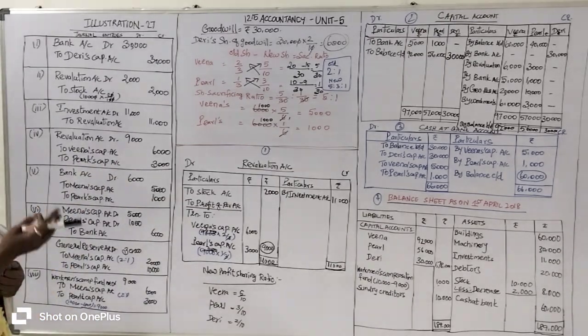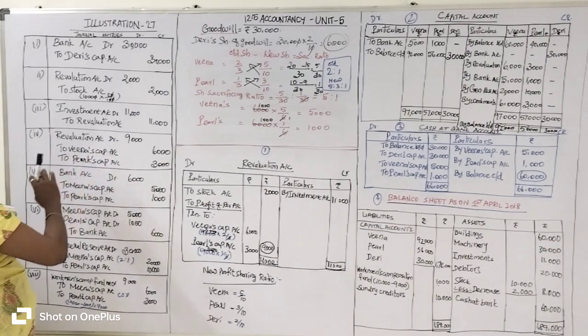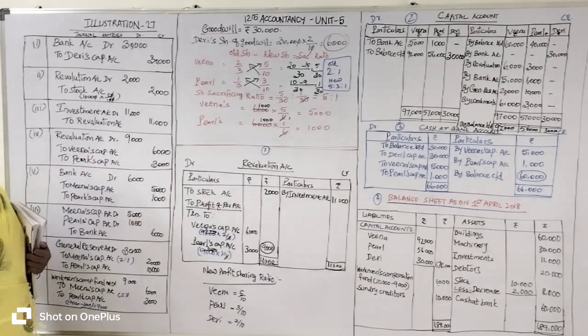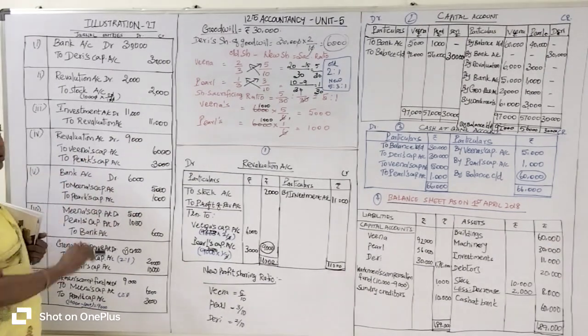We passed the balancing figure on the revaluation account from the revaluation ledger account to the journal.